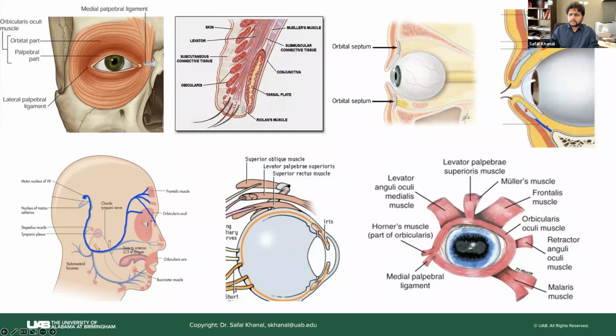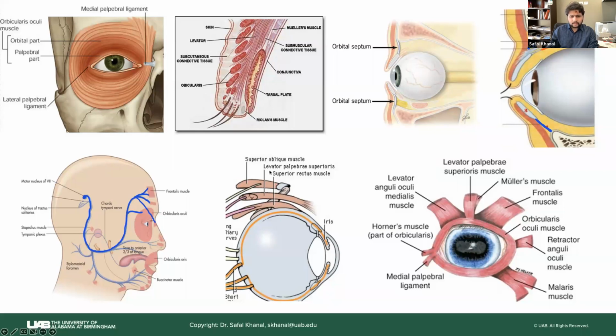Here's your levator muscle. It comes from the apex of the orbit, and as it comes through, the Muller muscle also projects from this muscle. And your nerve supply comes from the 7th cranial nerve to the orbicularis oculi muscle here.